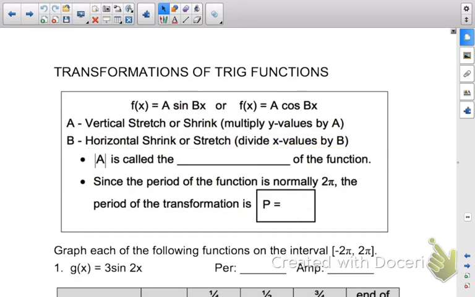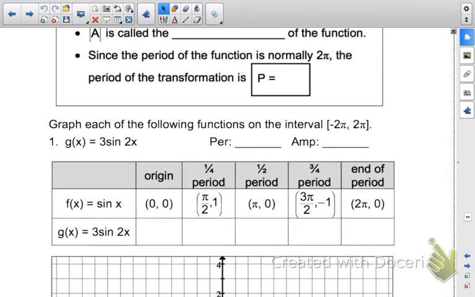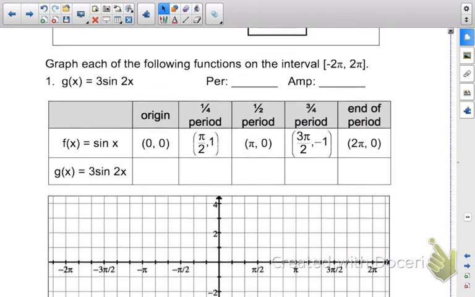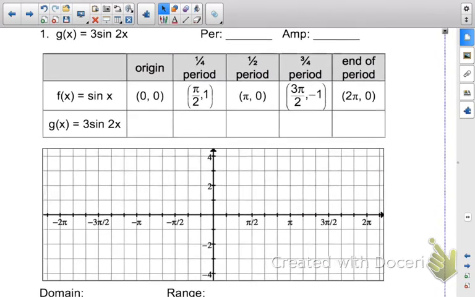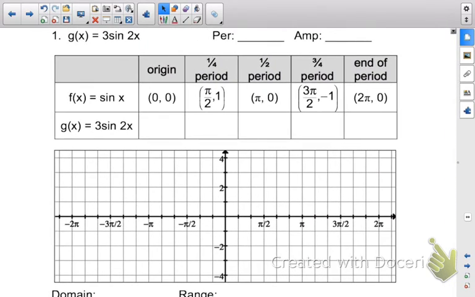So for question 1 here, we are going to graph the sine function. So first we care about what the function actually is that we are graphing, because that determines what table of values we use. And the reason I encourage you to do your own table is because I'm not going to be giving you any of this. You need to just be looking at this function that you're given and saying, okay, it's a sine function.